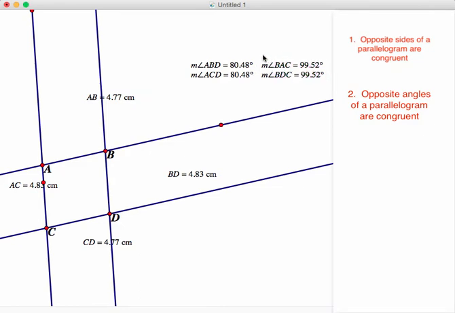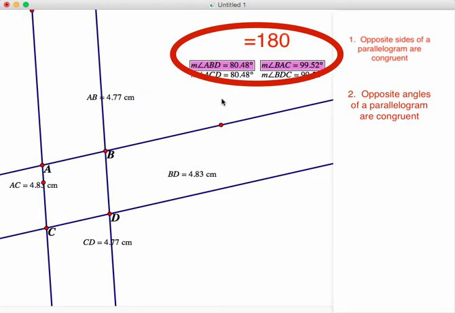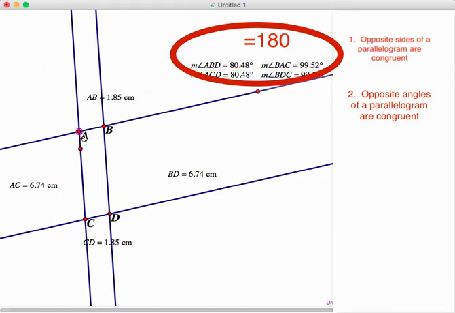Now, what's interesting to note is when you look at angles right next to each other. 80.48 and 99.52 add up to exactly 180 degrees. So that means any two angles right next to each other, angle A and angle B, are going to be supplementary. Likewise, angle A and angle C are going to be supplementary, and angle B and angle D are supplementary.